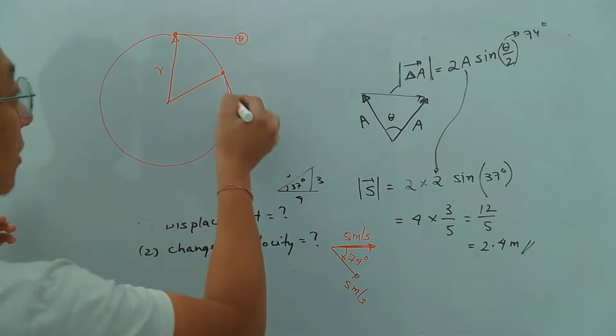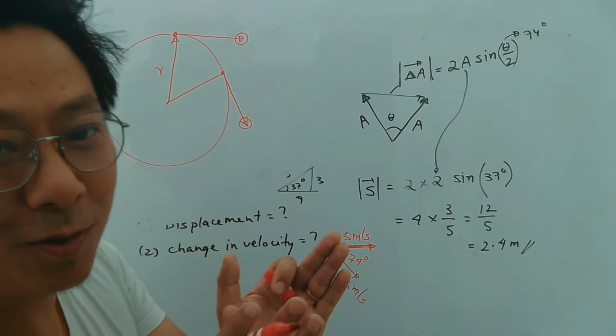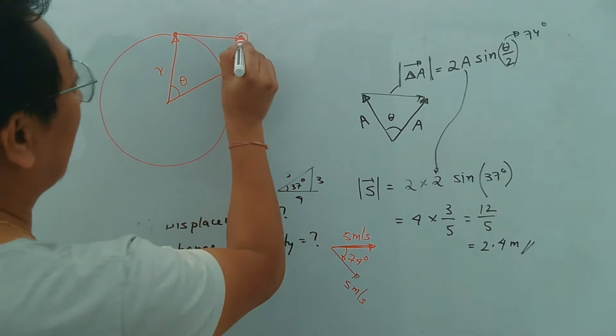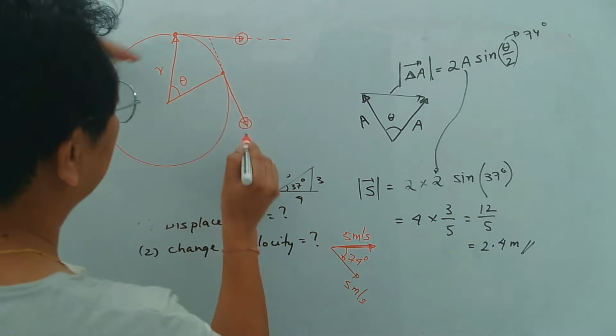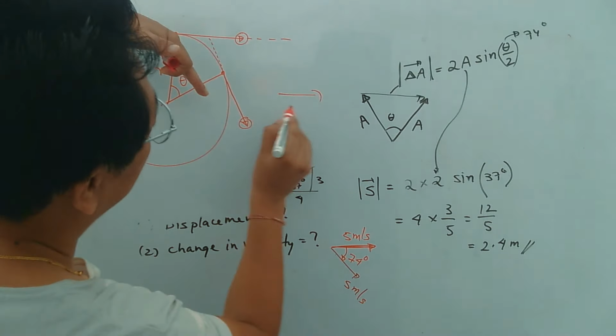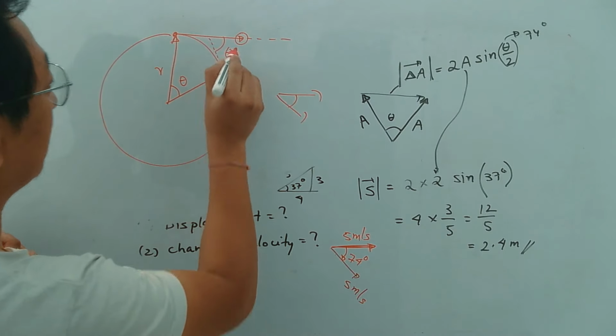And when two vectors are perpendicular to another two vectors, the angle between those must be the same. Meaning, if this angle is theta, then the angle between the velocity vectors, this velocity and this velocity, will also be theta.